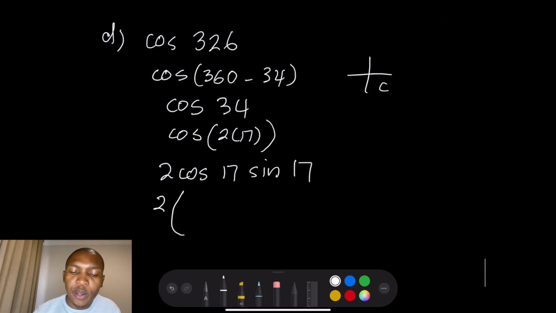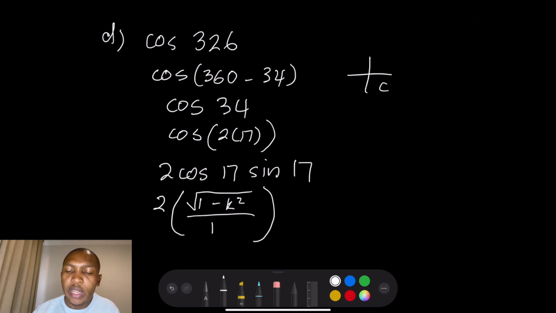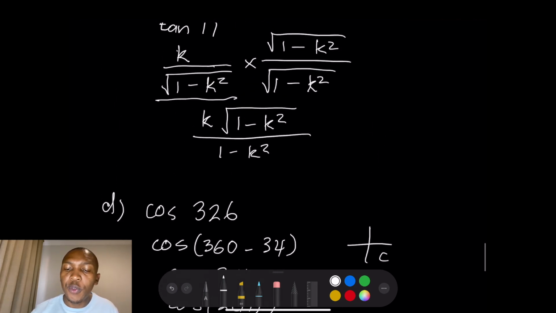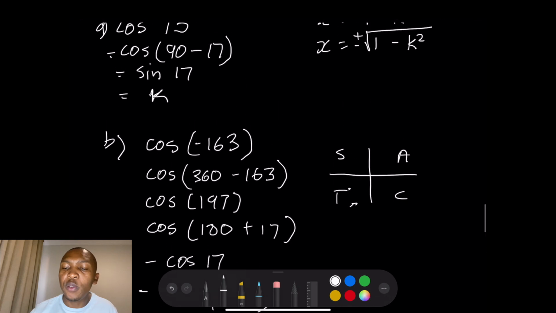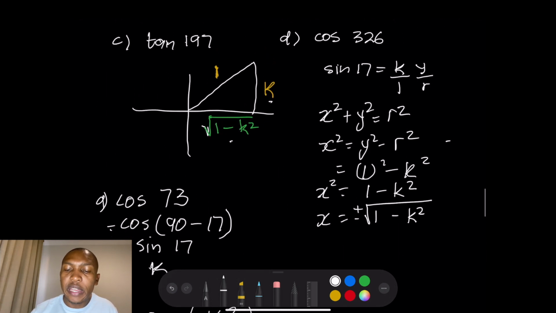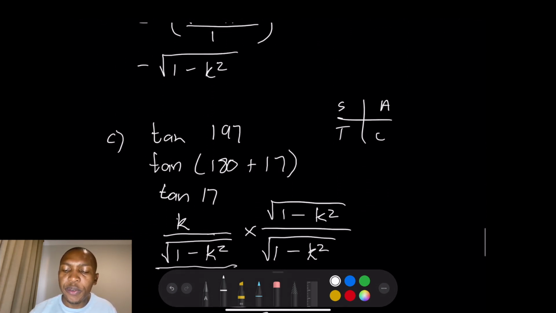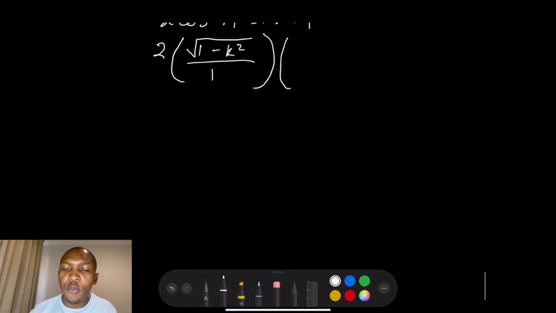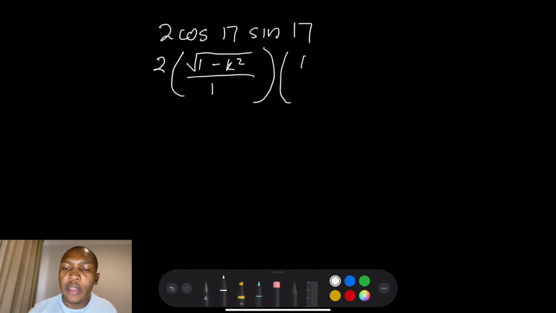Our x value is square root of 1 minus k squared over r, which is 1, and our y value, if you remember there, our y value is k. Okay, so just verifying that with you, our y value is k, so multiplied by k over 1.